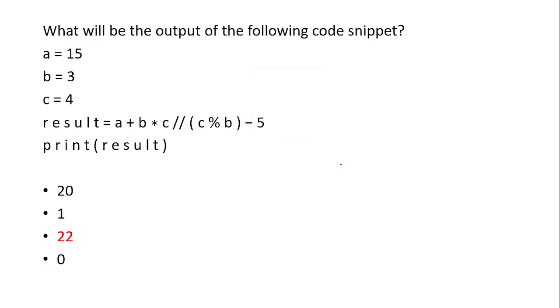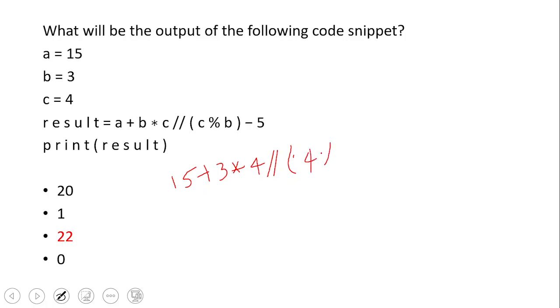So we have 15 plus 3 into 4 floor division, and next c modulus b means 4 modulus 3 minus 5. First is the parenthesis: modulus means remainder, 4 divided by 3 remainder is 1, minus 5.